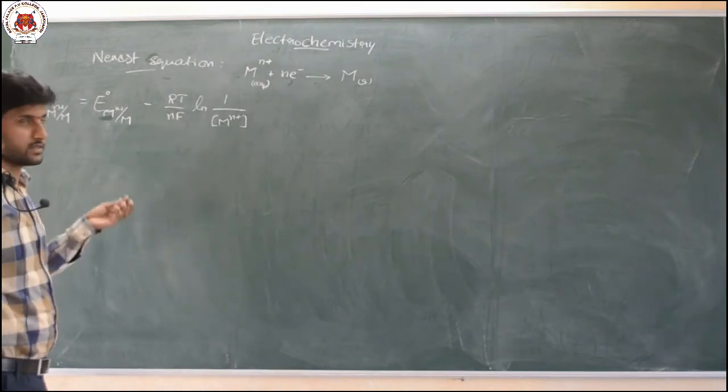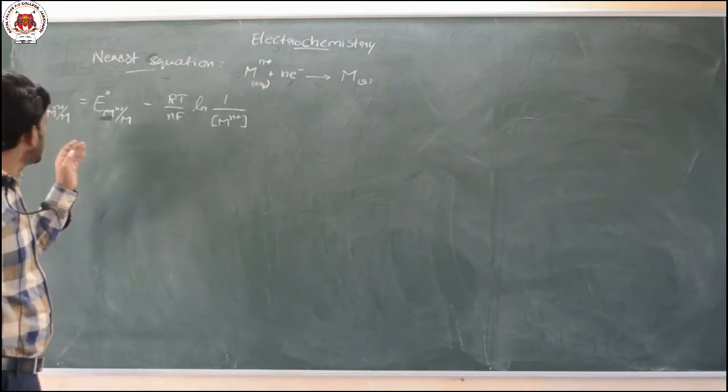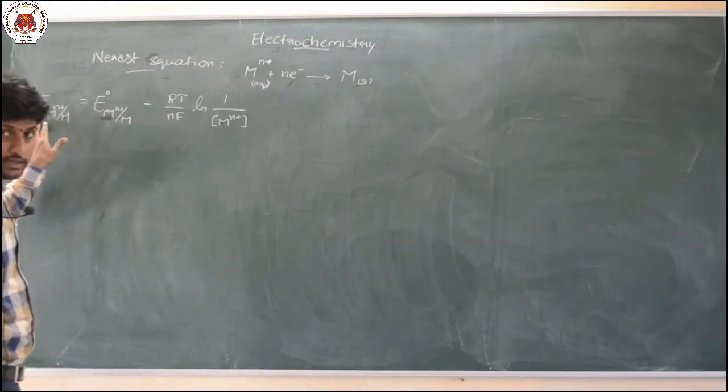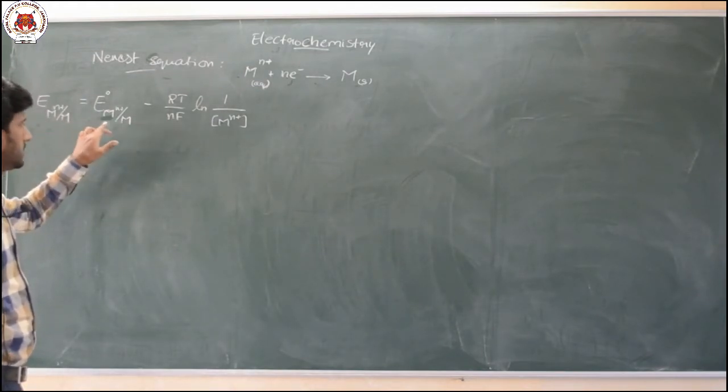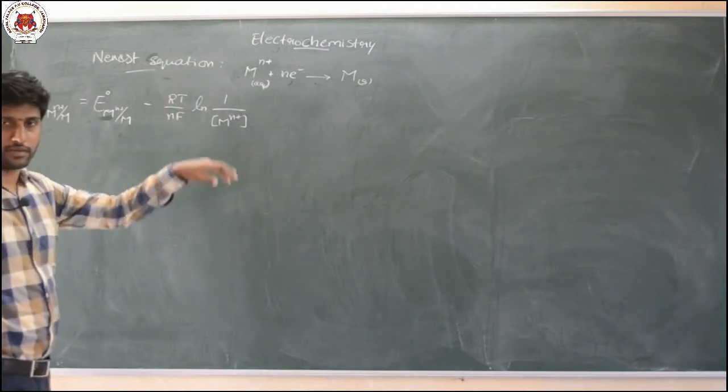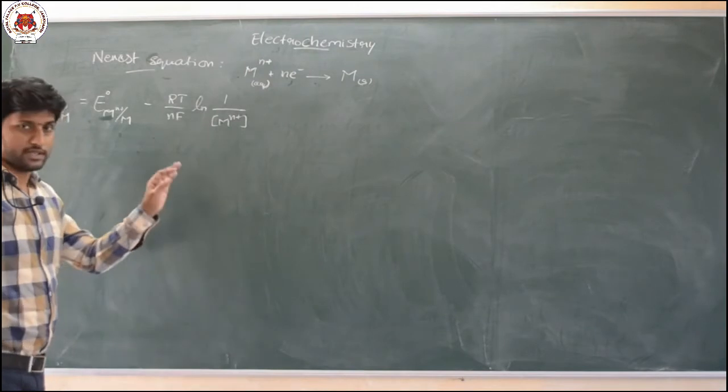We have seen this equation in the last class. The potential at any certain concentration is equal to the standard potential minus RT by nF ln 1 by M^n+ ion concentration.